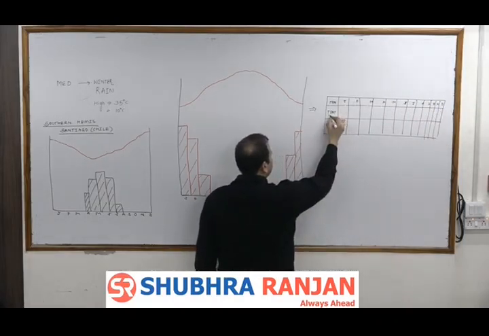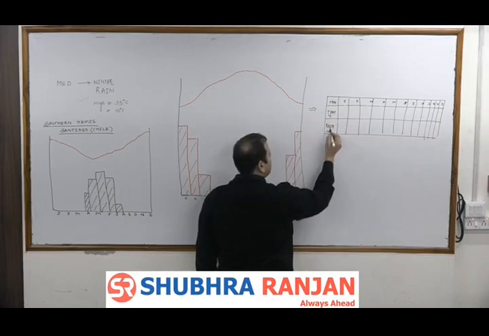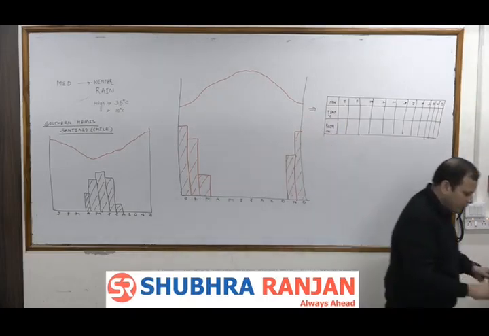Temperature in degrees Celsius and rain in centimeters or millimeters, depending upon whatever this is.